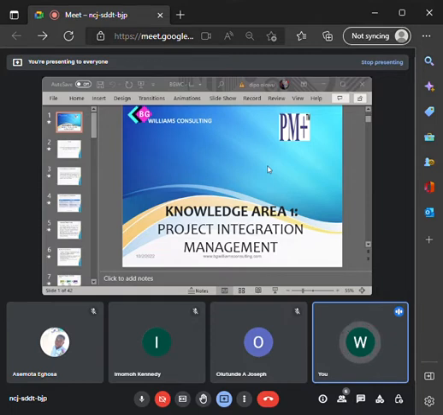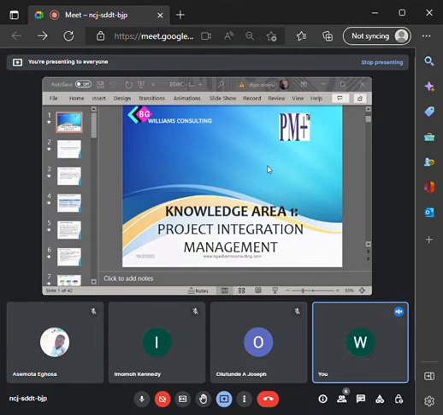Then we did a comparison between project, programs, and portfolio. In addition, we looked at the project life cycle and how important it is. We discussed vividly the three basic types of project life cycle and when they can be used.